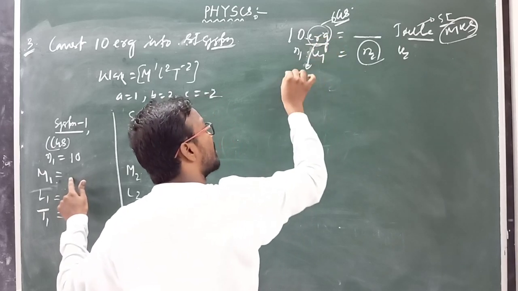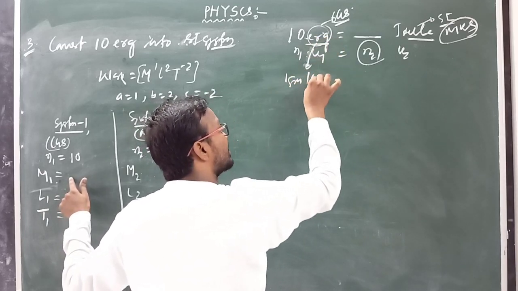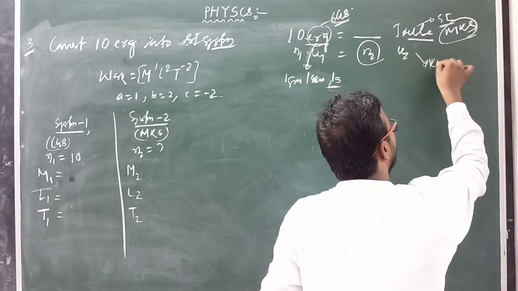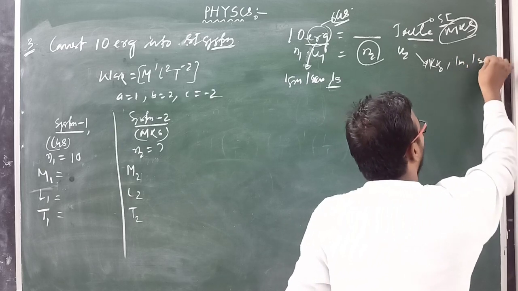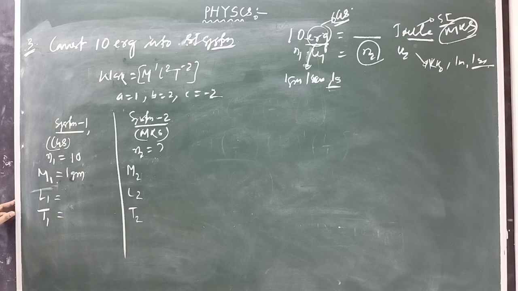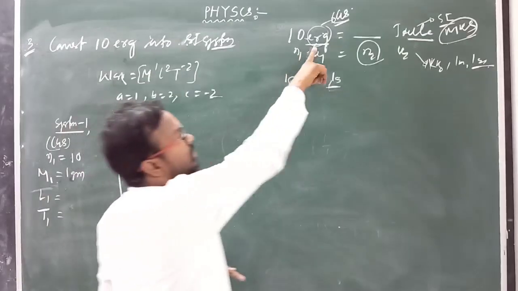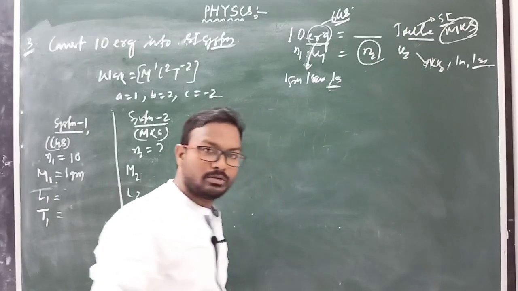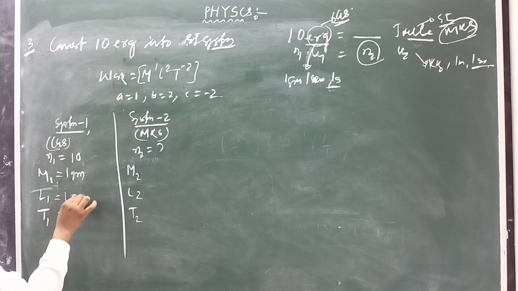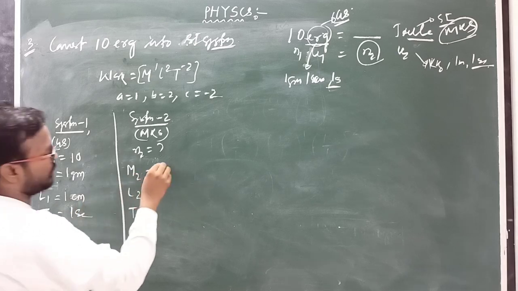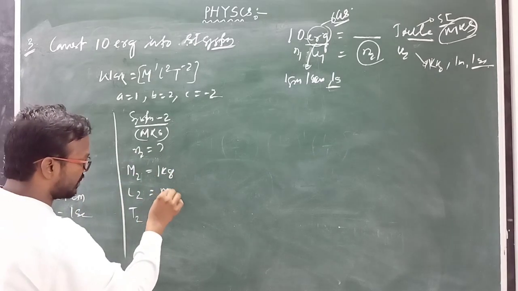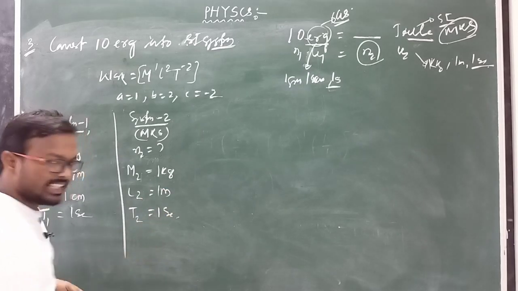In CGS system we have to write 1 gram, 1 centimeter, 1 second. But in MK system we can write 1 kg, 1 meter, 1 second. Erg and joule are rational system of units, so we have to use 1. So M2 equal to 1 kg, L2 equal to 1 meter, and T2 equal to 1 second.